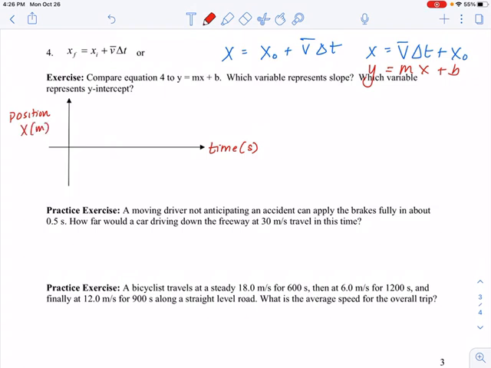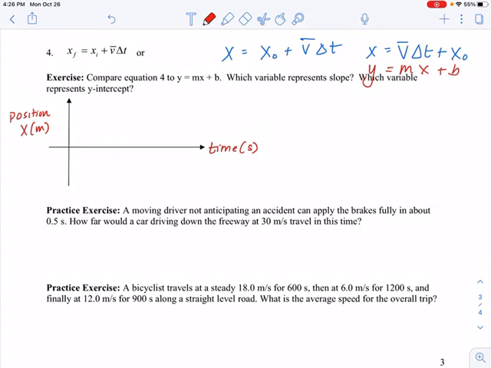Now this is weird because we usually, in math, put x on the horizontal axis. In physics, though, we're going to be graphing things the same way we did in math, but everything's going to represent an actual physical quantity, like position, like time, like velocity, like acceleration.